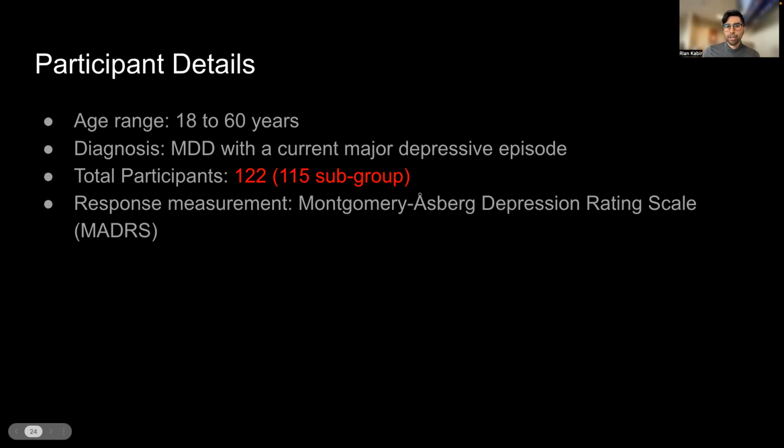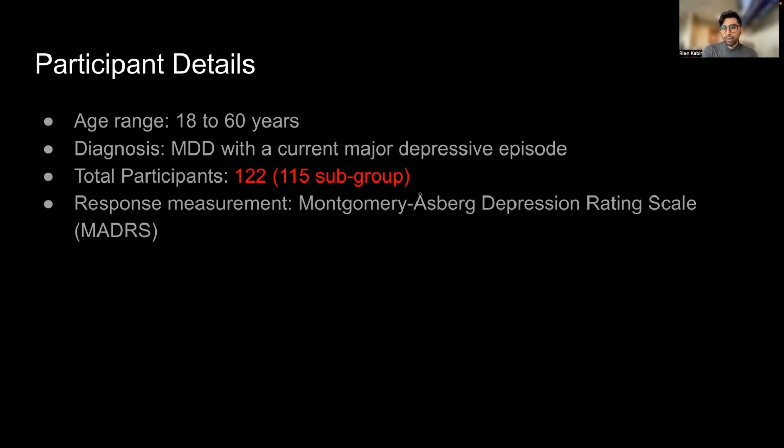So in terms of the participants, specifically looking at escitalopram response, utilizing EEG as a prognostic tool, patients were aged between 18 and 60, and they met DSM-4 criteria for major depressive disorder with a current major depressive episode. Resting state EEG was collected from 122 patients at baseline, before the treatment was started with escitalopram.